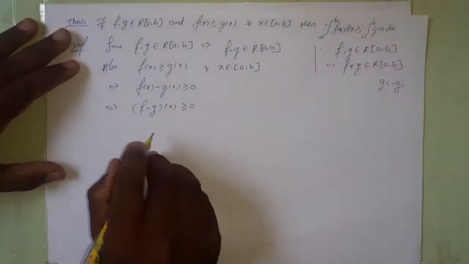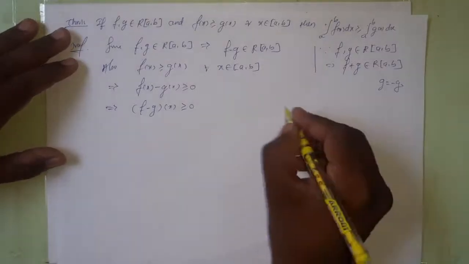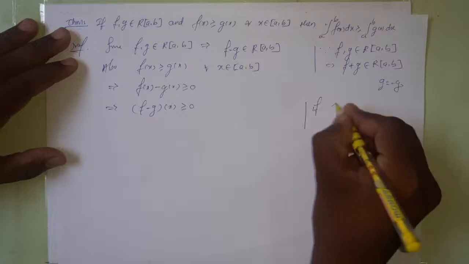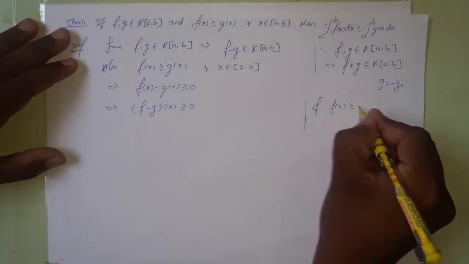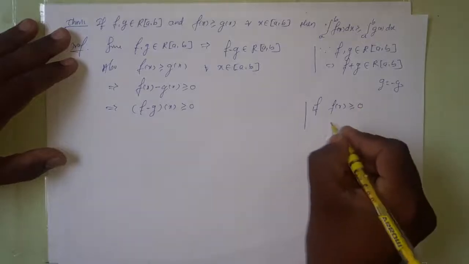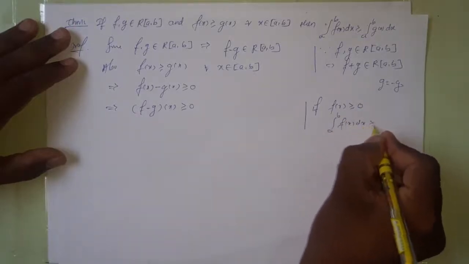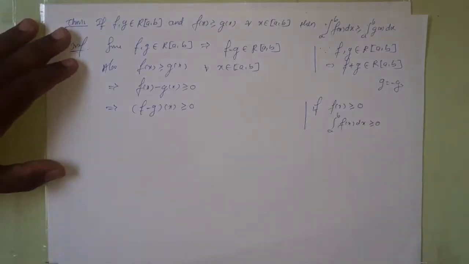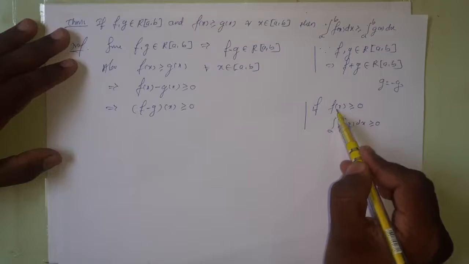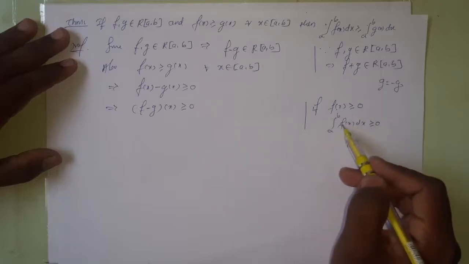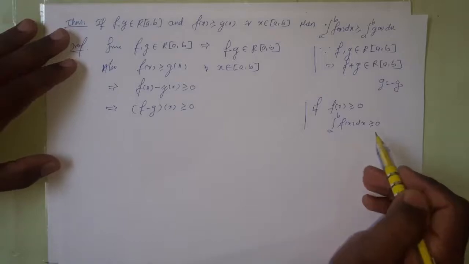Now, in the previous class we have proved one theorem: if f(x) is greater than or equal to 0, then the integral from a to b of f(x) dx is greater than or equal to 0. So, it is the previous theorem. If f(x) is greater than or equal to 0, then the Riemann integral of that function is also greater than or equal to 0.